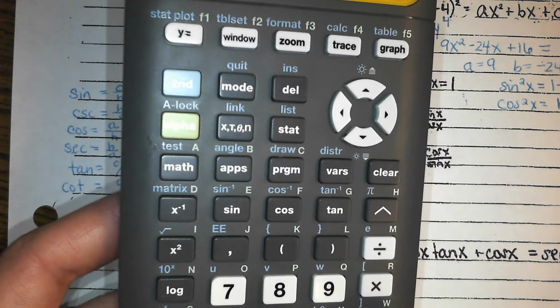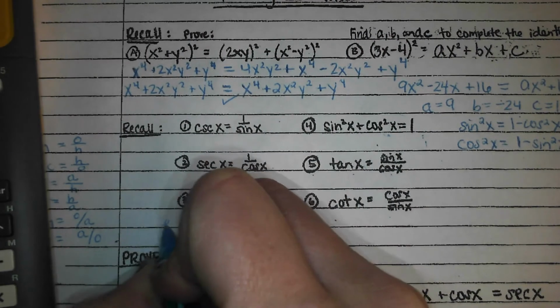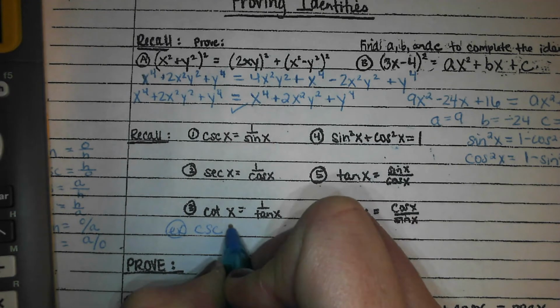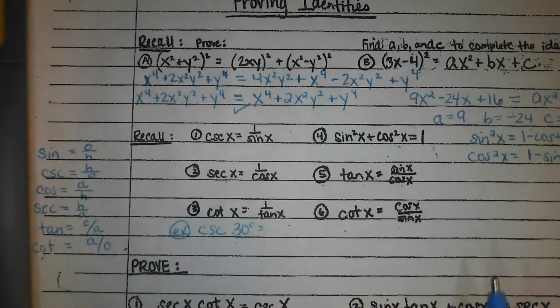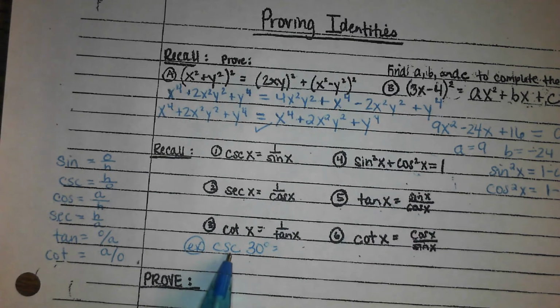It doesn't have a cosecant button. So if you are asked to find, for example, the cosecant of 30 degrees, there's no button for that. You have to know that that's the reciprocal of what function? Cosecant, Lucas. B is the reciprocal of what?